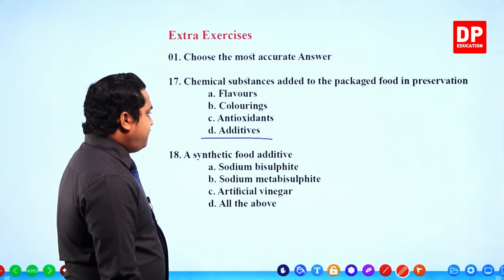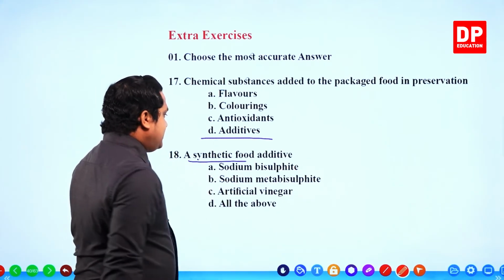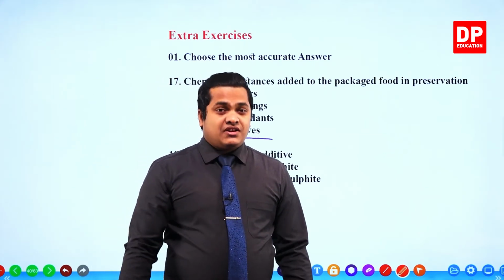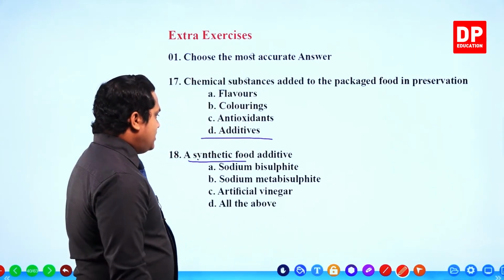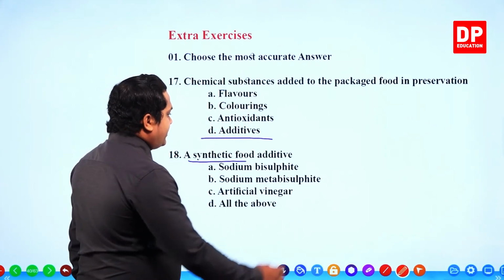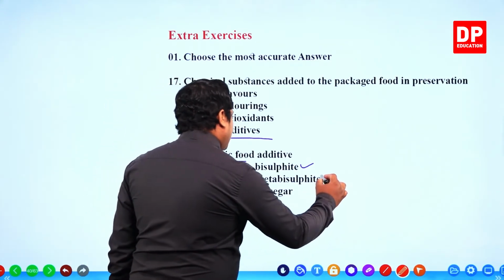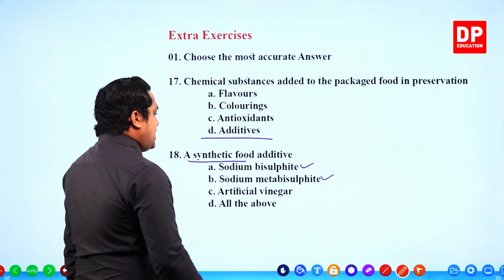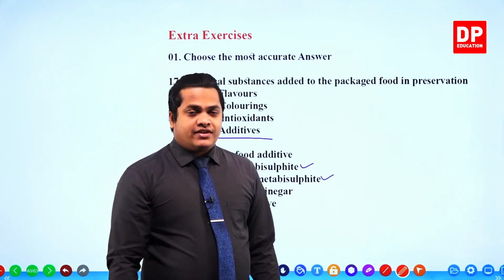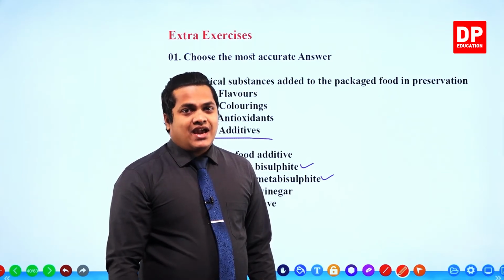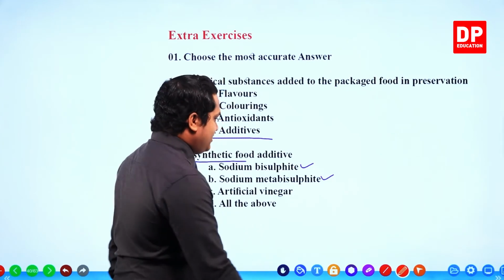A synthetic food additive. Synthetic means, my dear children, an artificial one. Artificial food additive, let's see. Sodium bisulfite, correct. Sodium metabisulfite, once again correct. We studied these things. Artificial vinegar means the aqueous form of acetic acid, right?